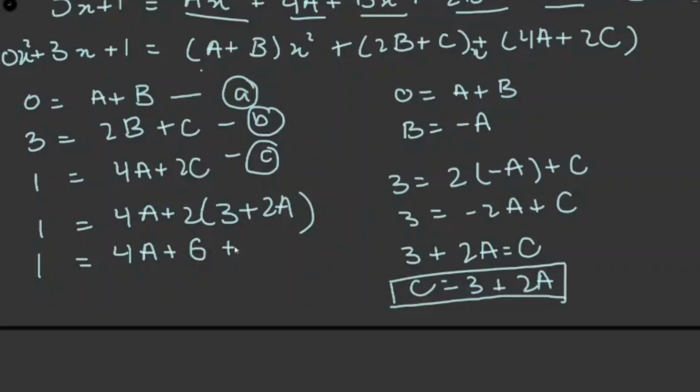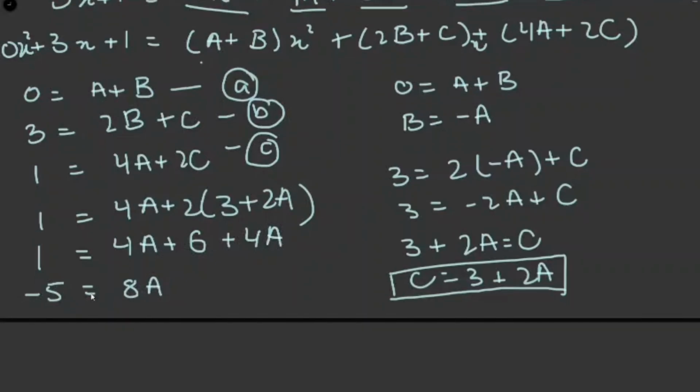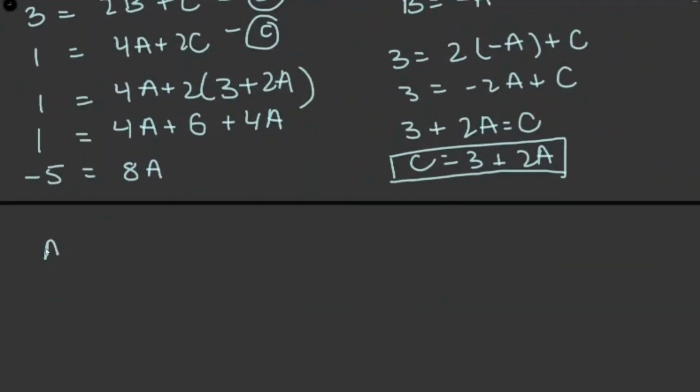So we will get 6 plus 4a. We take the 6 here, we get minus 5 is equal to 8a, and the value of our a would be minus 5 over 8.